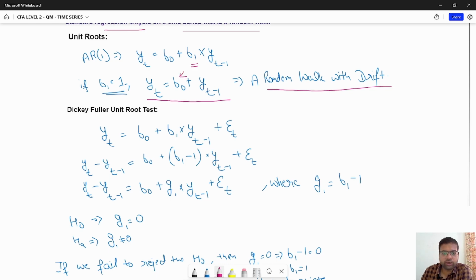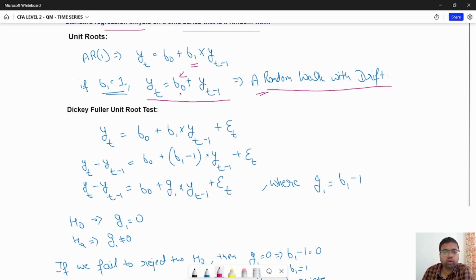This b naught is known as the drift term here, and it has become a random walk. Now we know that a random walk is not covariance stationary, and we cannot use regression analysis with random walks. So therefore we need to transform this series so that we can use regression analysis.